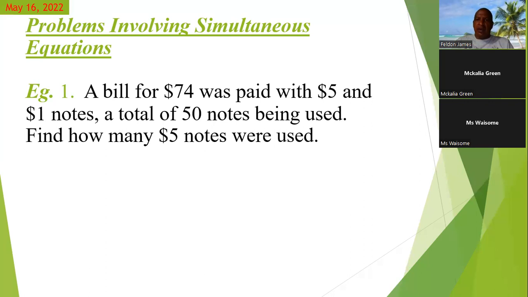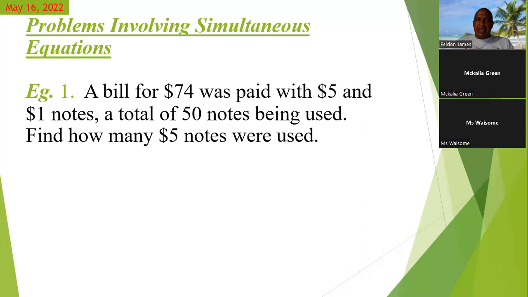So this is where we would like to use some letter to represent the amount of $5 notes and another letter for the amount of $1 notes. So we are assuming that the amount of $5 notes is different from the amount of $1 notes. So we have to use two different letters or variables to represent them.